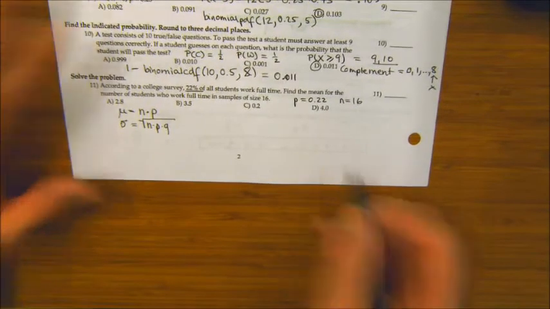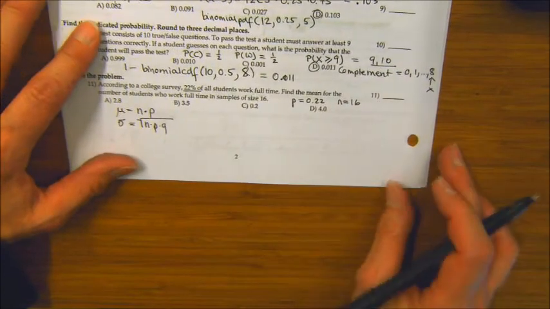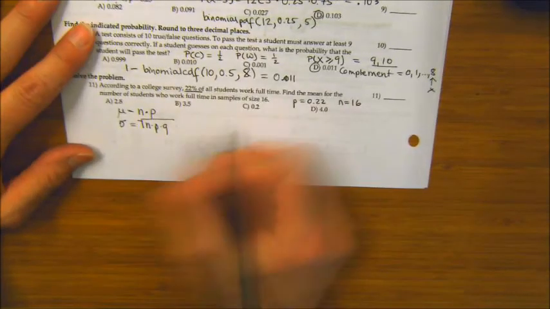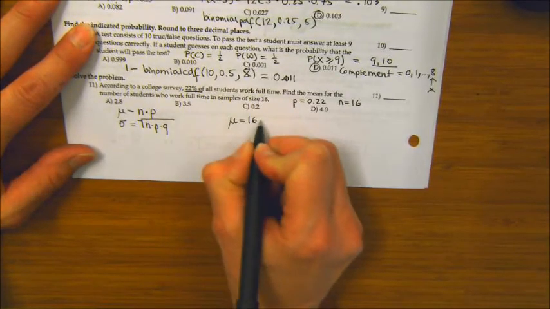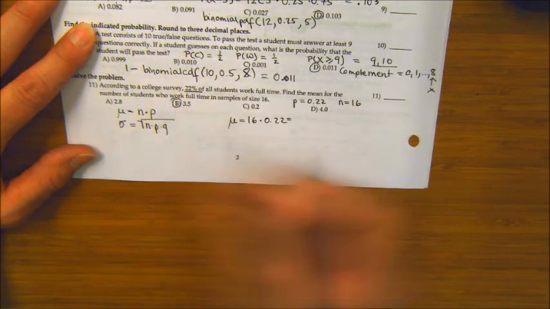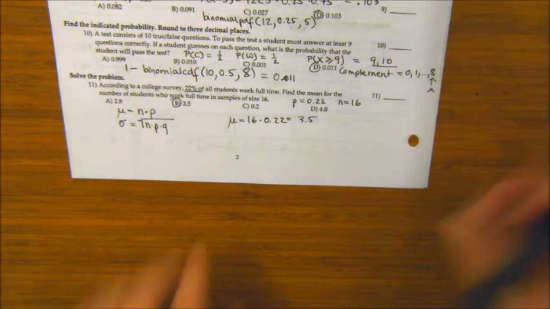So over here, all we have to do is multiply the sample size times our probability. This would tell us, out of the 16 people, how many would we expect to work full time? So 16 times 0.22 is what? 3.5. So we would expect 3.5 people to work full time.